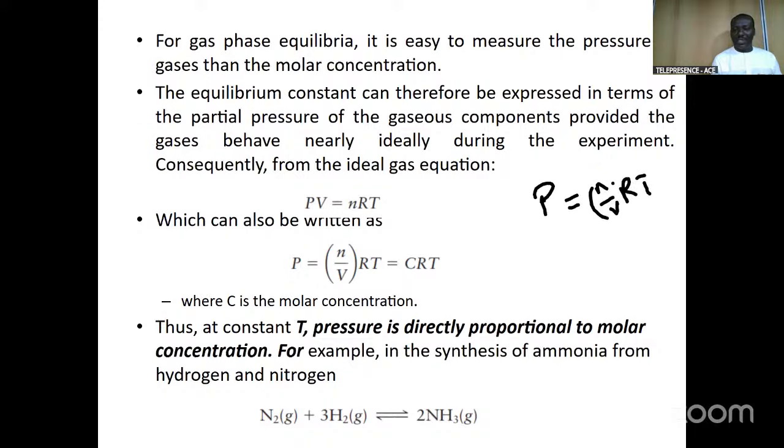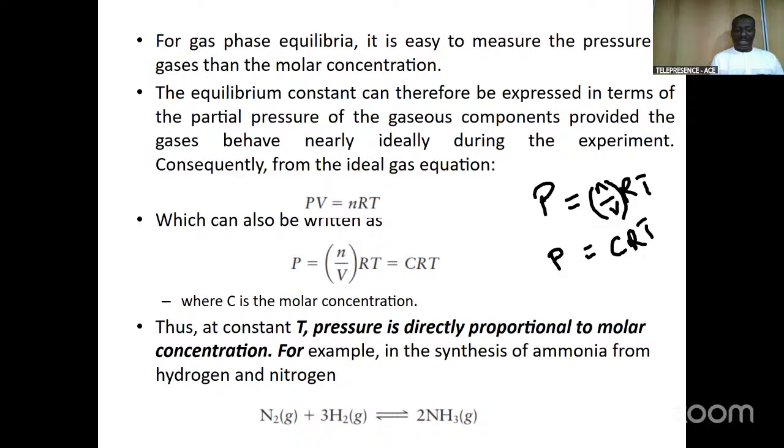Now, n over V here is the number of moles per volume, which is exactly equal to concentration. So we can write, therefore, that P is equal to concentration times RT. What it means is that the pressure is directly proportional to the molar concentration. So instead of measuring the molar concentration, if you are able to measure the pressure, it will be easy for us to determine the equilibrium constant involving such a process.